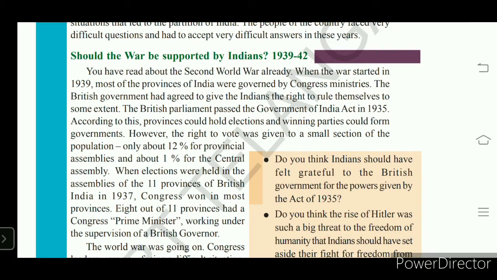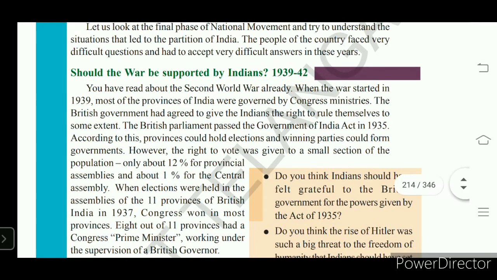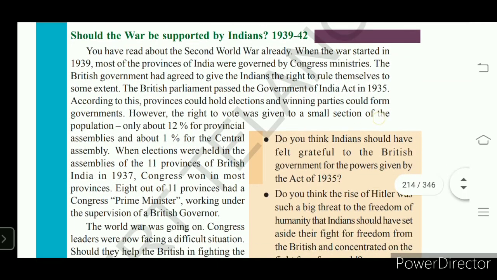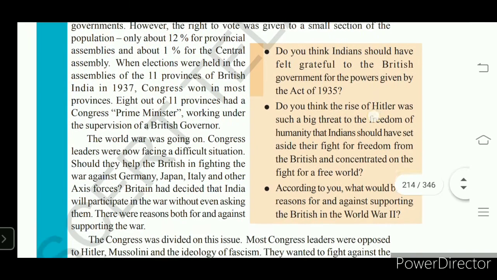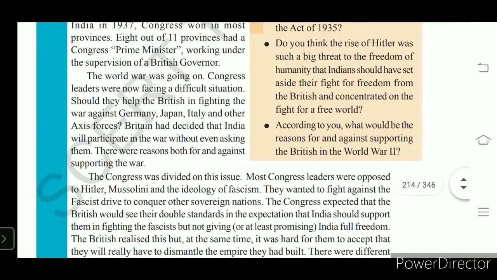Should the war be supported by Indians? So, do we have some reasons to support the British in the Second World War? Yes, we have some reasons to support the British in the war. And we also have reasons not to support the British in the war.